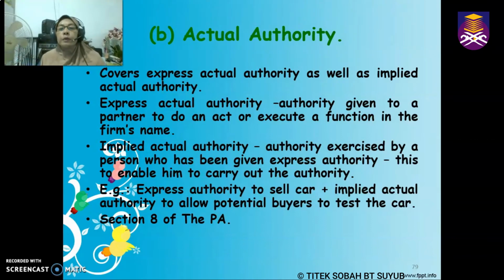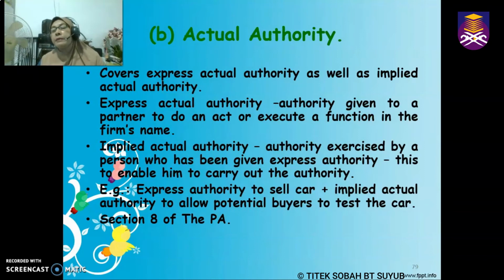So the implied actual authority is the authority exercised by a person who has been given actual authority. However, to enable me to carry out my task smoothly, I have this implied actual authority. What is my implied actual authority? I can conduct online tests. I can conduct online classes. I can use whatever kind of medium.